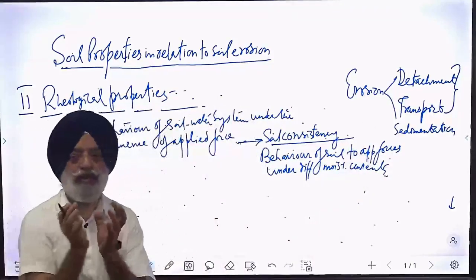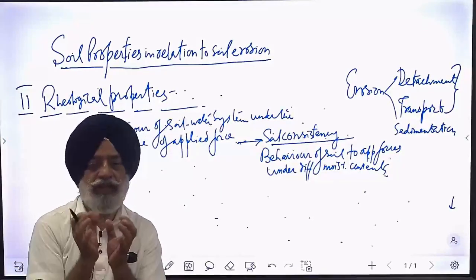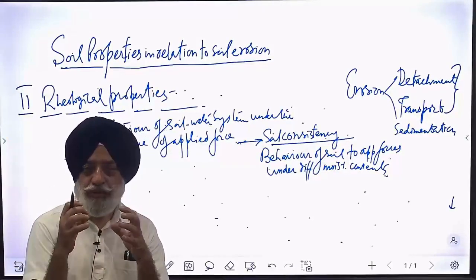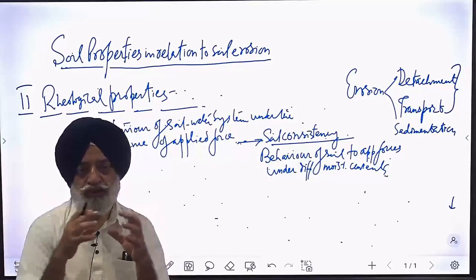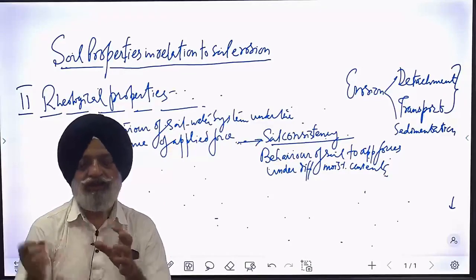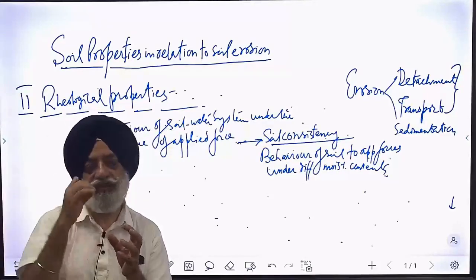Now, you see your soil is completely dry, the aggregate is very strong because only cohesive forces are dominating. Then you add some moisture, some water in it.